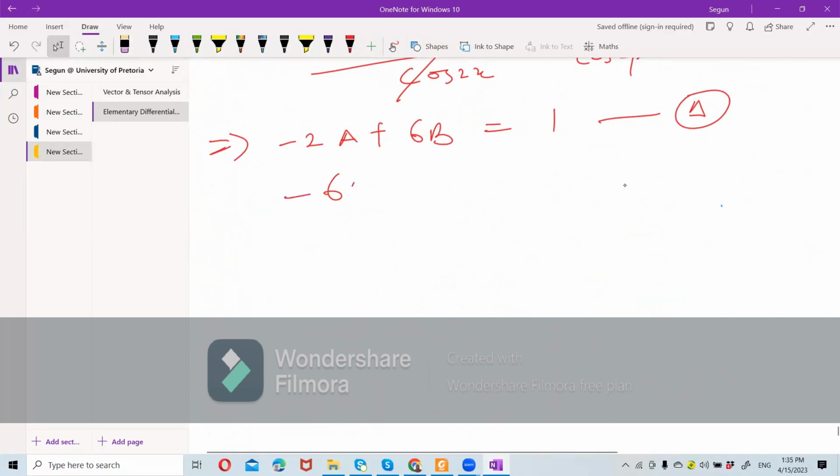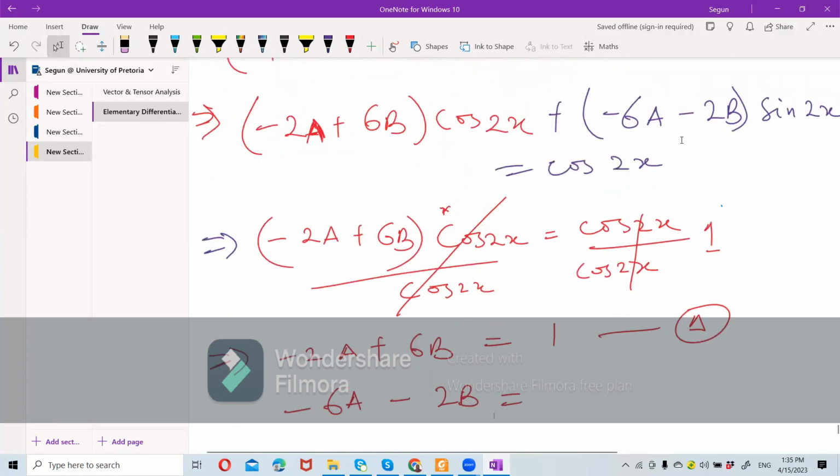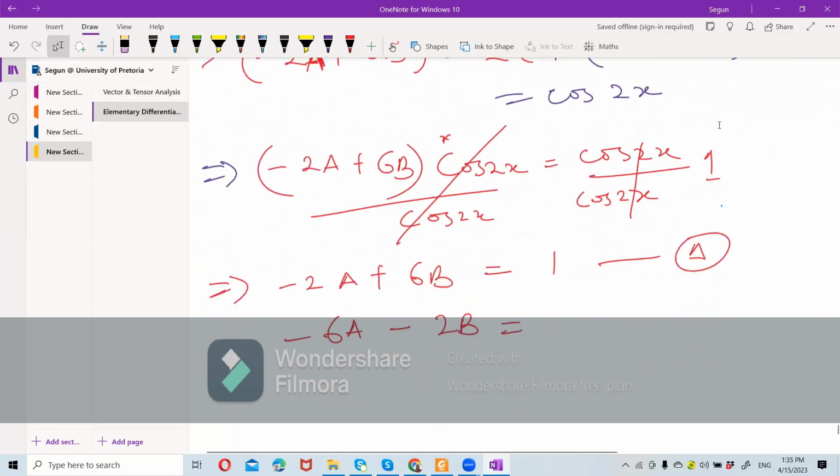Minus 6a minus 2b equals what? It can't be 2x. You don't have any x again. Remember, you only have cos 2x here, and there's no sine 2x here. It equals 0. Do you agree? Yes. It's going to be equal to 0 because we don't have sine 2x on the other side.